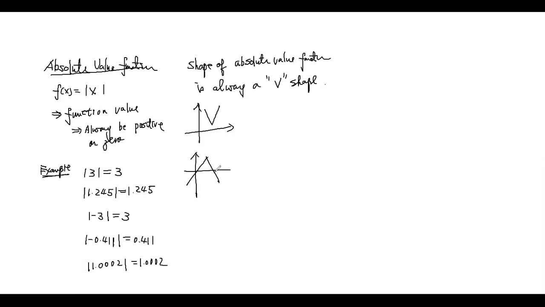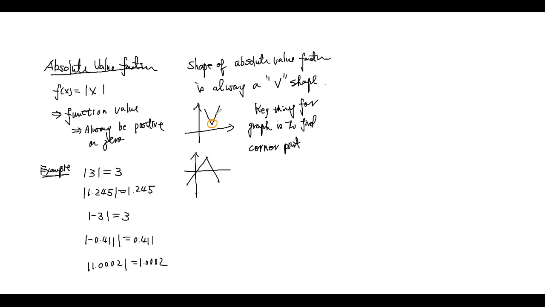The key thing for graphing is to find this corner point. As long as I can find where this V-shaped corner point is, I can graph it.